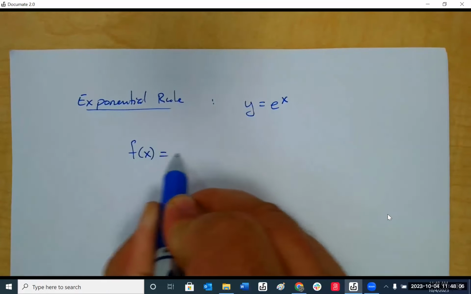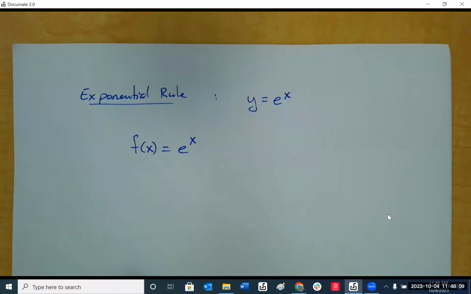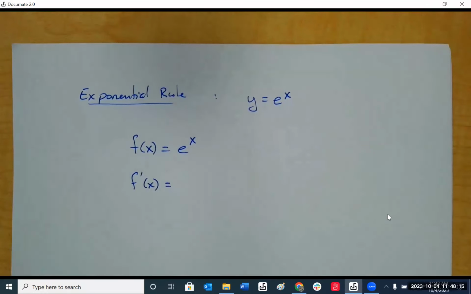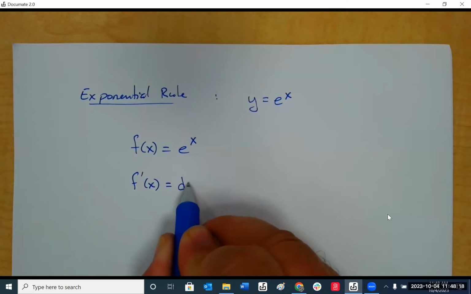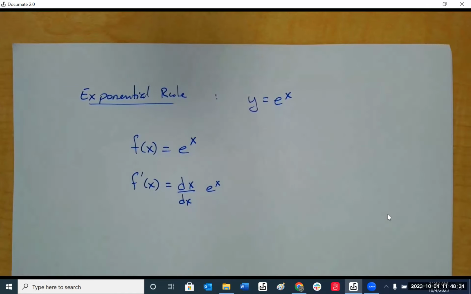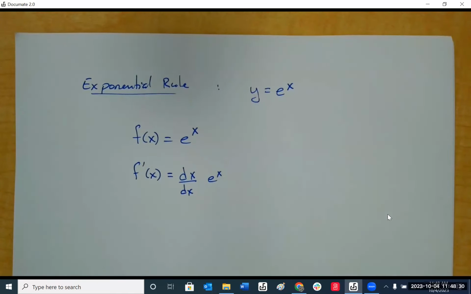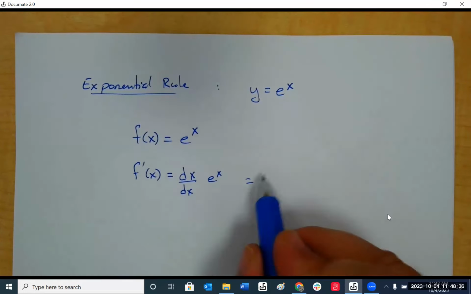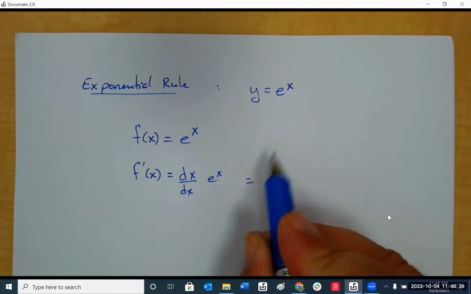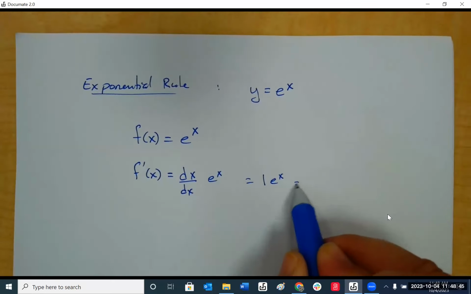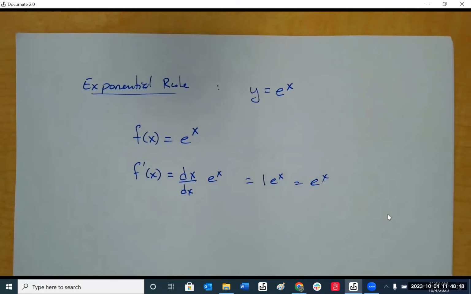If your function is e to the power x, the derivative is the derivative of your exponent times e to the power x. So in this case, what's the derivative of x? The derivative of x is 1 times e to the x, which is e to the x. So the derivative of e to the x is e to the x.